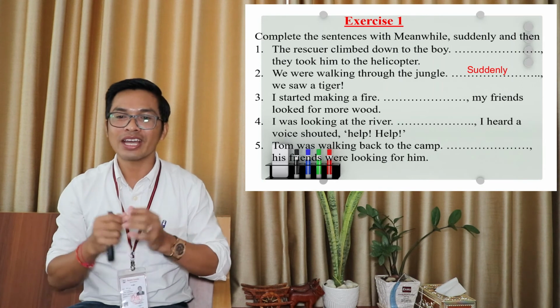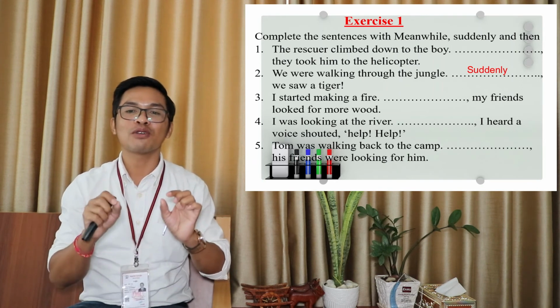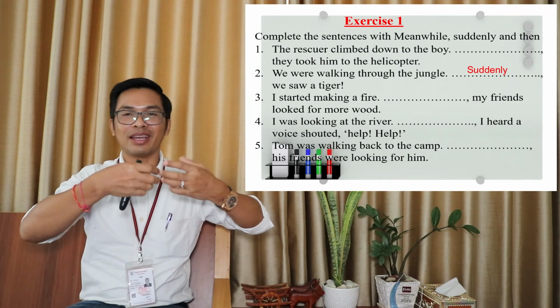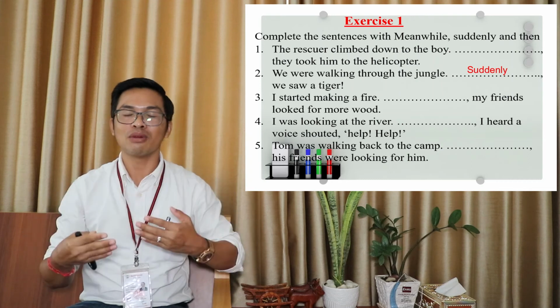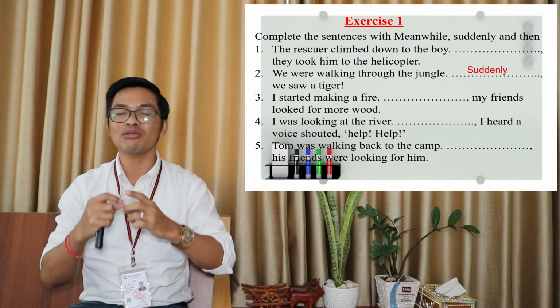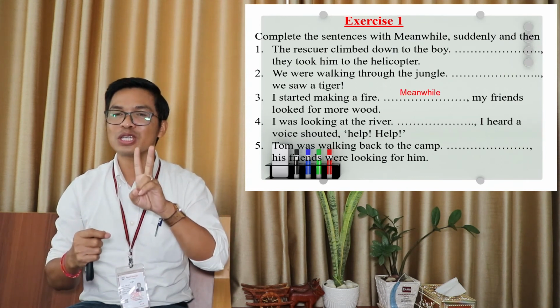Number 3: I start making a fire, blah blah, my friend looks for more wood. You see, making a fire, and then the friend looks for more wood. The same or different? So number 3 is the same, right? So the correct word used is meanwhile.